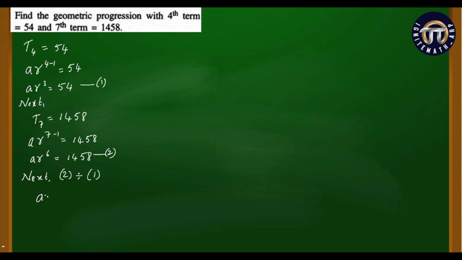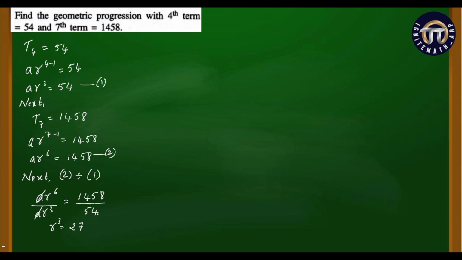Equation 2 is A R to the power of 6 by A R to the power of 3 is equal to 1458 divided by 54. Clear, children? So now I'll be cancelling this A and A, then I'll be left with R cube is equal to 1458 by 54, 54 27s give you 27.